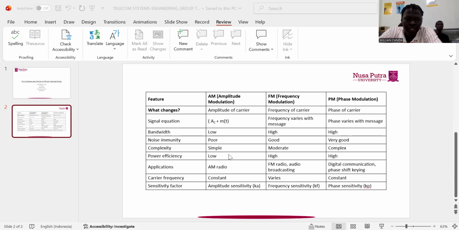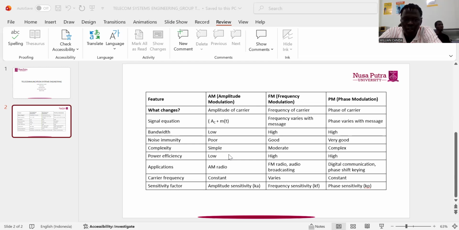So the table is here, with the pictures and what changes: the amplitude of the carrier, the frequency of the carrier, and the phase of the carrier. The signal equations are under what changes. So Ac plus m multiplied by cosine, then frequency varies with the message, then phase varies with the message.